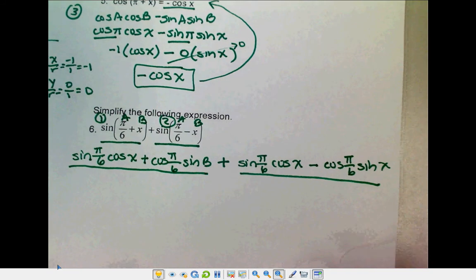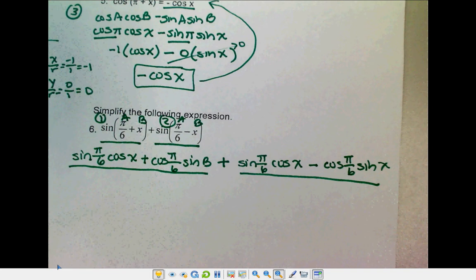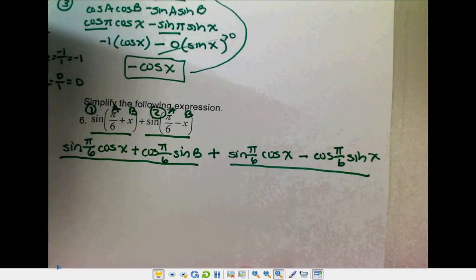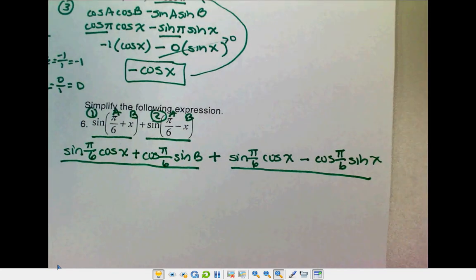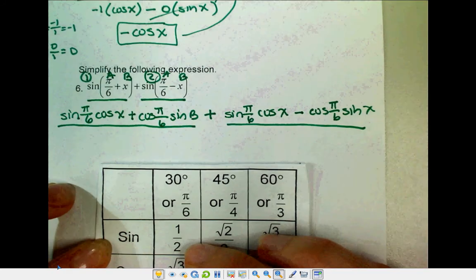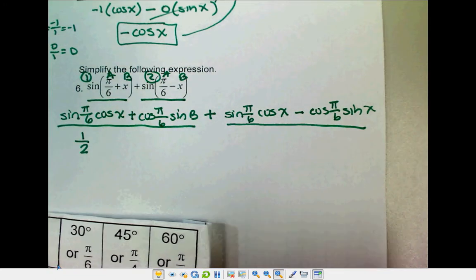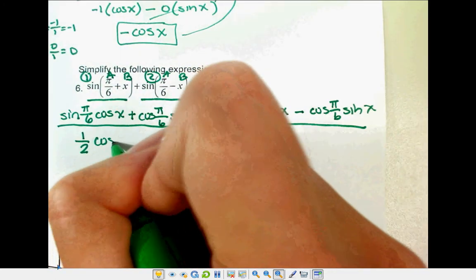Okay, so sine of pi over 6 and cosine of pi over 6 we can find out using our chart. If we look at what is sine of pi over 6, here in my chart, here's pi over 6, sine of pi over 6 is 1/2. And so I can replace my sine of pi over 6 with 1/2 cosine x.